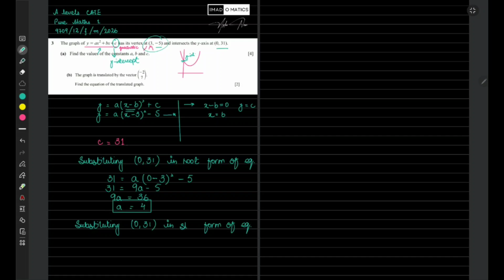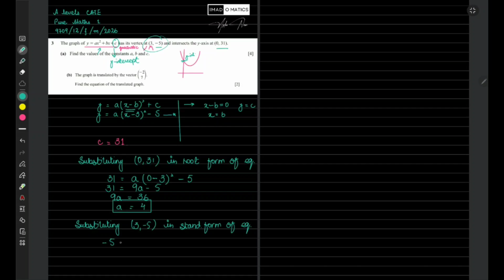But we cannot substitute this, because x equals 0 will also vanish this b. So we have to substitute the second point, the vertex point (3, -5).